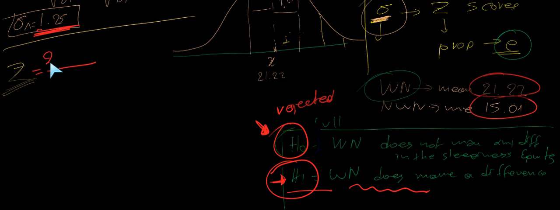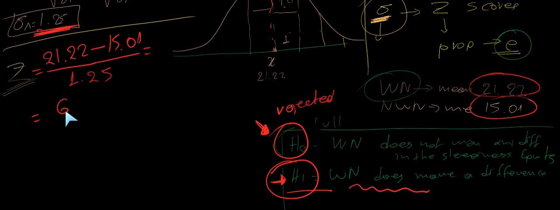So I'm going 21.22, take away 15.01 over 1.25 equals, I'm going to find now, if you remember, how many standard deviations from the mean my sample should be. So I'm subtracting, that's 6.21 over 1.25.